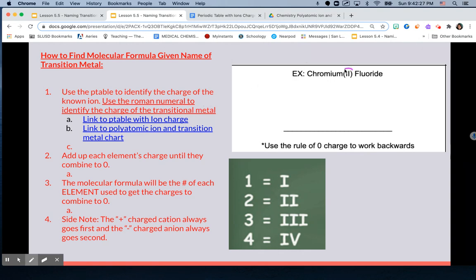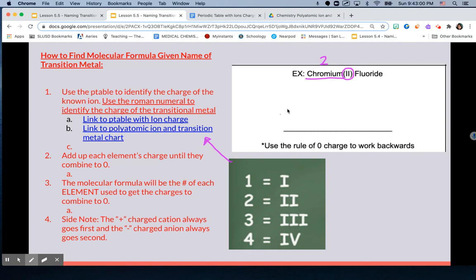So anytime I see a Roman numeral, it's referring to the element before it, and this Roman numeral is the charge. So this is the Roman numeral 2, so I know it has a charge of 2. If you don't know your Roman numerals, I've listed the 4 that you need to know.